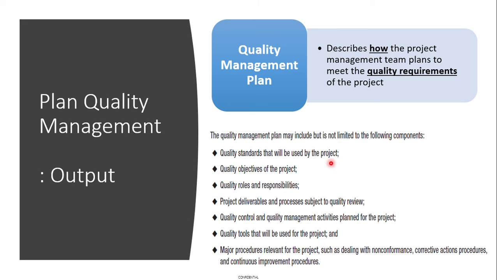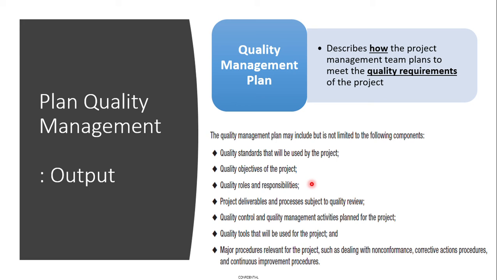All your stakeholders and requirements you identified as inputs, and understanding global trends and other comparable projects done around the world, what quality standards they adhere to. So now you have a very clear idea of what quality standards you have to adhere to during this project, and what the quality objectives are.